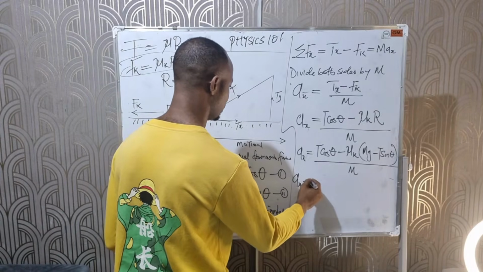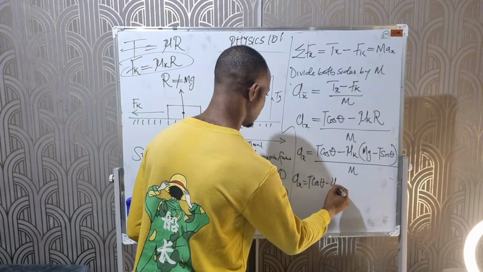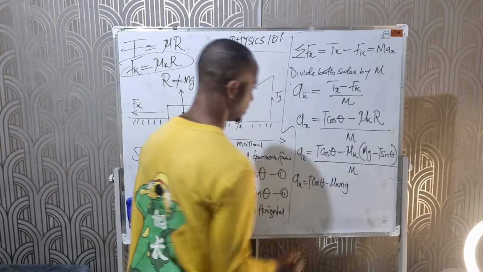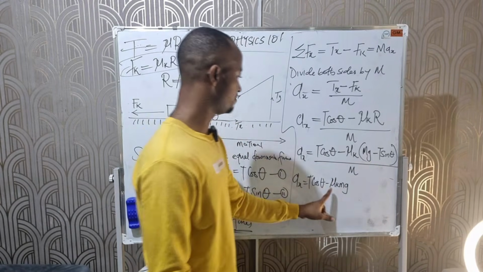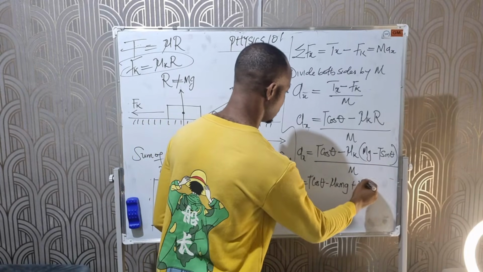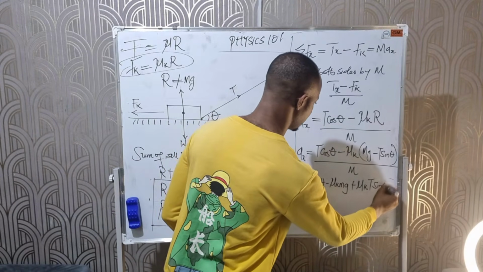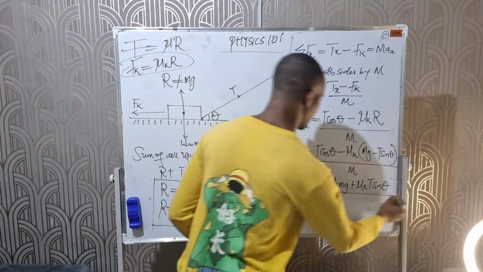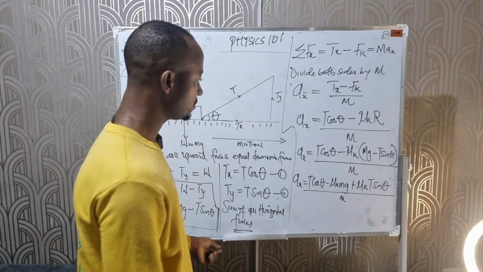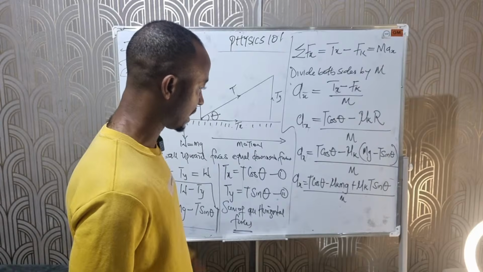Acceleration of the body becomes T cos theta minus mu k mg, minus mu k times minus T sine theta will give us plus mu k T sine theta, all divided by mass. Okay, let's see what we can do. If you look at this expression here, I can also stop here.